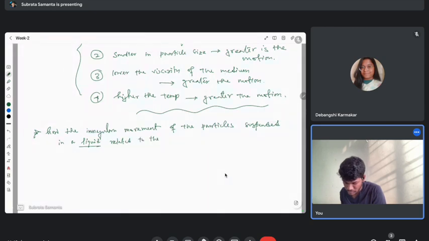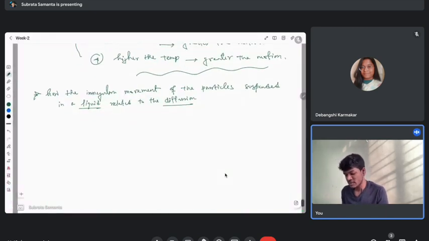Before we go into that, we first discuss the diffusion process.